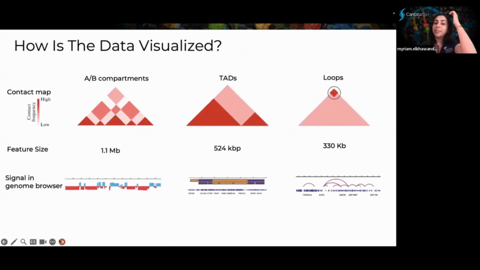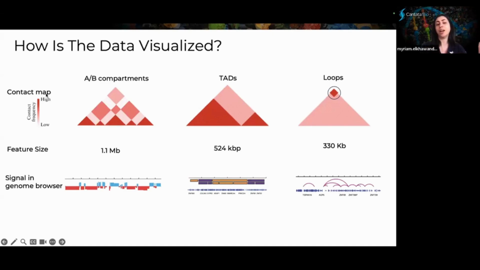Moving on to how the data is visualized. In the intro, I shared a little bit about the organization of the 3D genome, which you can also refer to as topological features: AB compartments, loops. But this slide focuses on what you would expect to see once you have your 3D data and you're starting the analysis. For the AB compartments, as a reminder, A is the active open chromatin, B is the repressed closed chromatin.